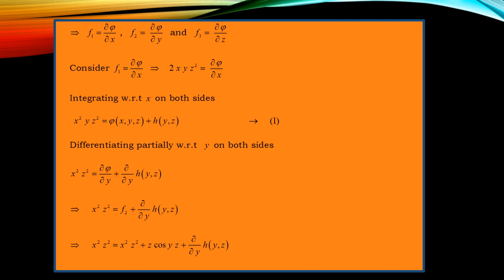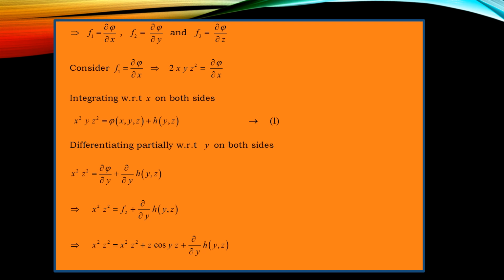Now we have to equate the vectors F and grad phi. If we equate F and grad phi, i cap f1 plus j cap f2 plus k cap f3 equals i cap ∂phi/∂x plus j cap ∂phi/∂y plus k cap ∂phi/∂z.